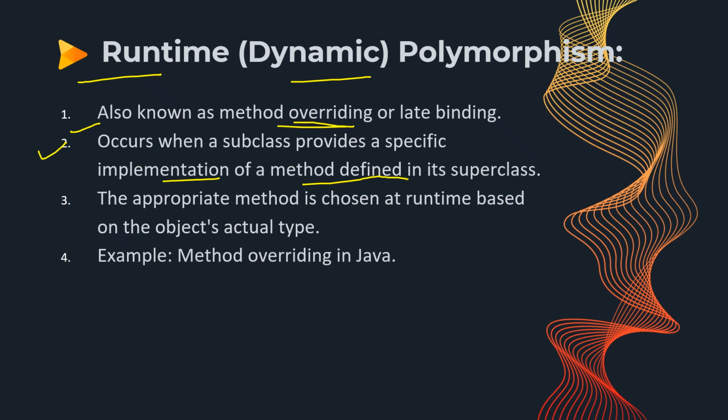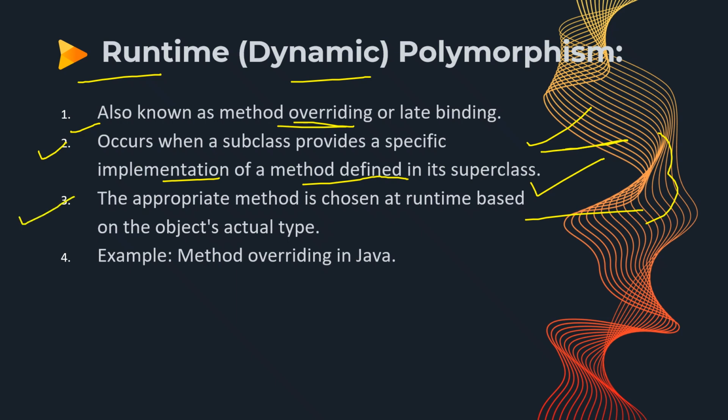Consider that we have declared one method in our parent class and we are implementing that in our child class. This is known as overriding. So there will be the same method name but in different classes. It is not in the same class, whereas in compile time polymorphism they are in the same class. This is the difference between overloading and overriding.